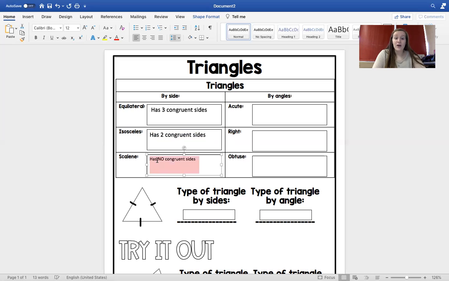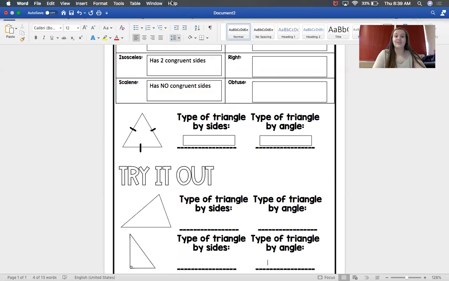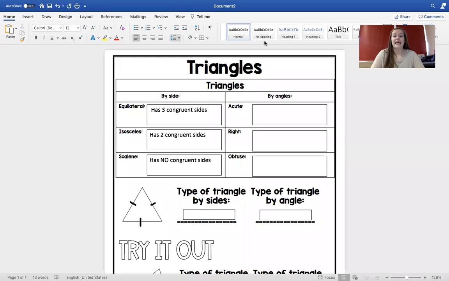So just to review really quickly, equilateral has three congruent sides, isosceles has two congruent sides, and scalene has no congruent sides. So that would look like one line, two lines, and three lines to show you that each side is a different length.